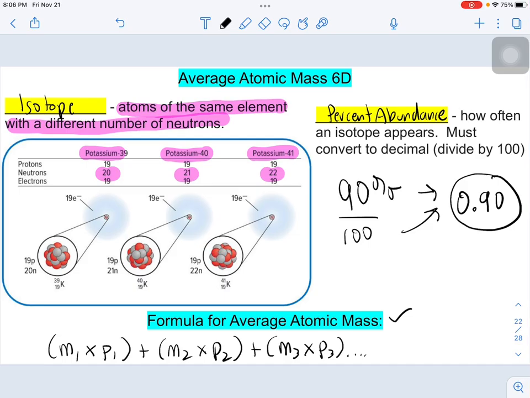Now, what do M and P mean? Well, M is going to stand for the mass of the isotope, and P is going to stand for the percent abundance of that element. But remember, we have to divide that by 100 and convert it to a decimal.